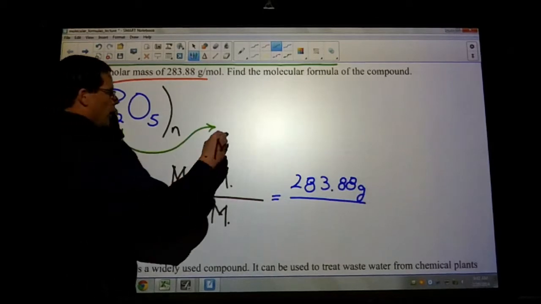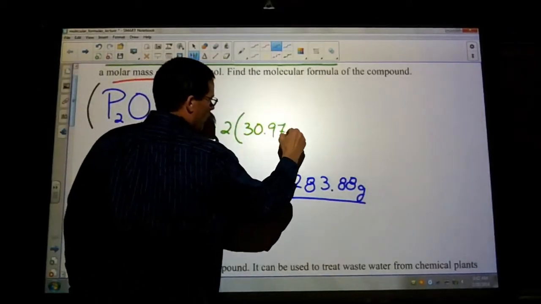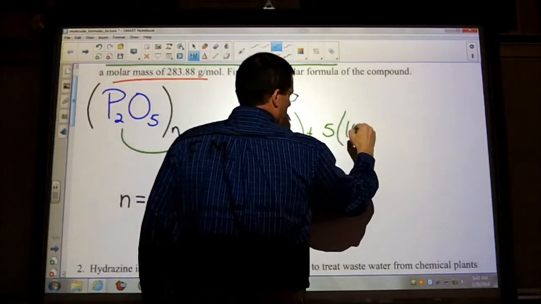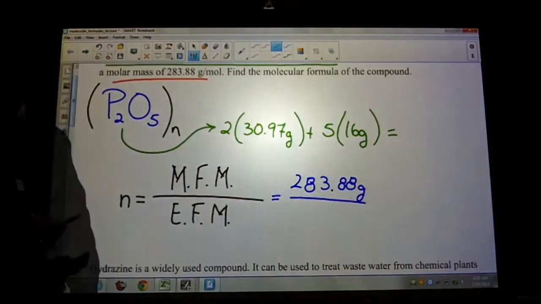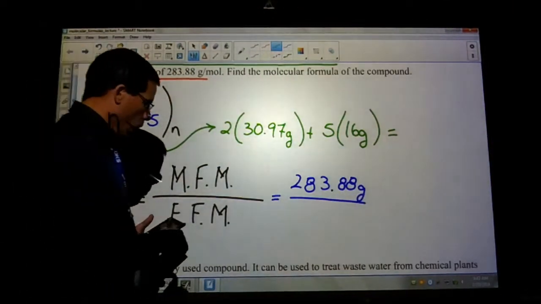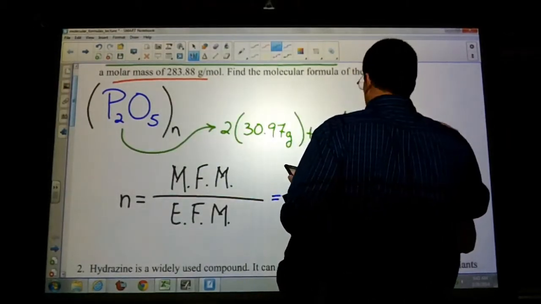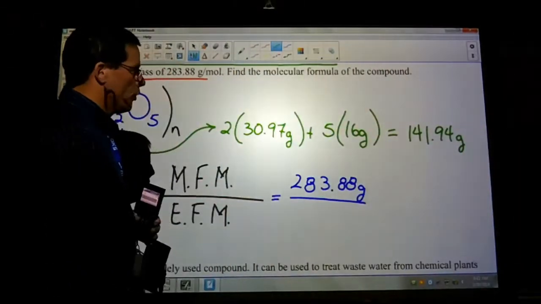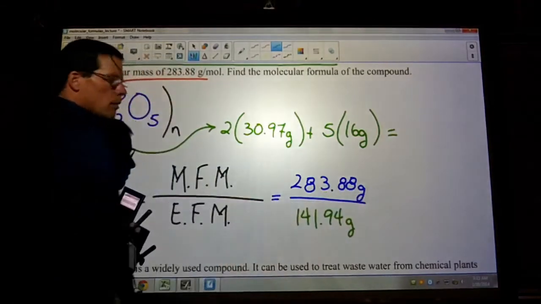So we have how many phosphorus? 2, which is 30.97, plus we have 5 oxygens, and all of that weighs something. 141 point, what is that, 94? Anybody get that? Okay, so we'll take that empirical formula mass and put it right down there.